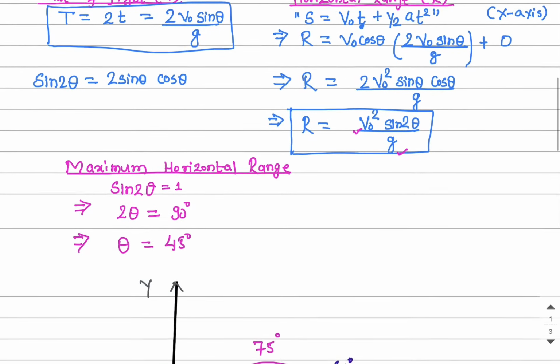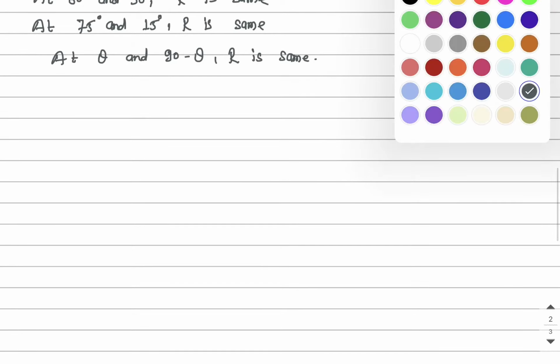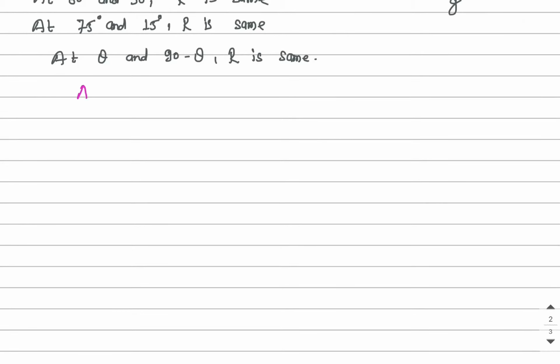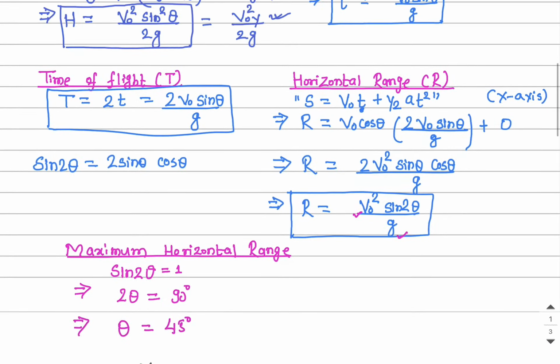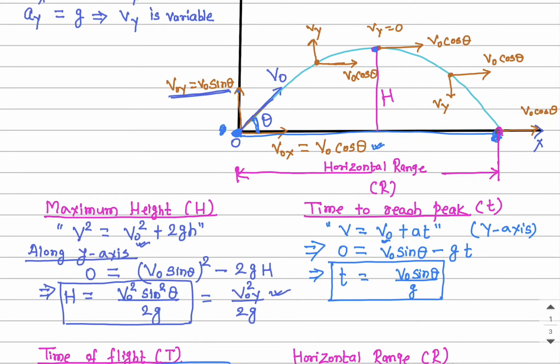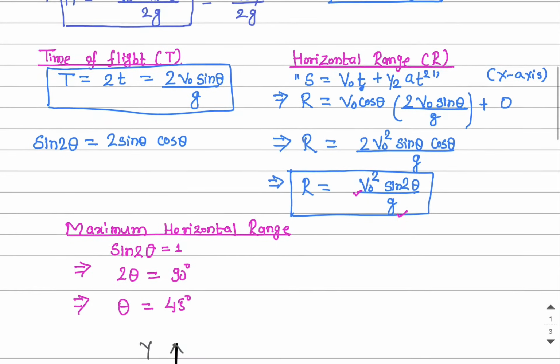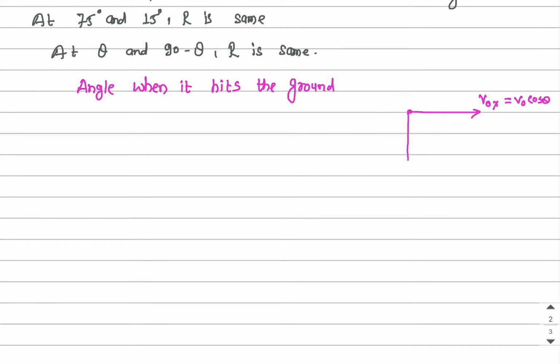So we'll be calculating the angle here. This is the horizontal velocity when it hits the ground. It does not change, it is exactly the same. And the vertical velocity when it hits the ground, it does have vertical velocity at this point.